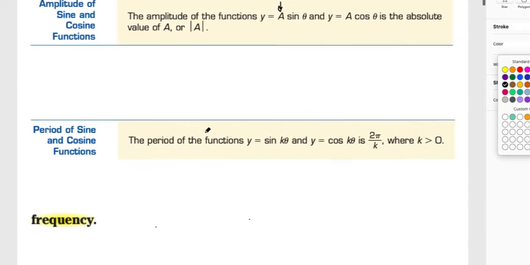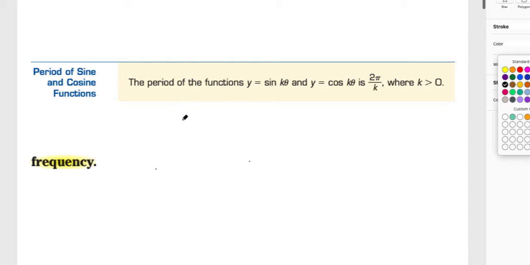The next thing we're going to talk about is the period. We defined period before as the time it takes for one complete cycle of the graph, getting from the beginning to the end of that repeating part. What we realize here is that we can use our equation to figure out the period, using the coefficient of the theta value.